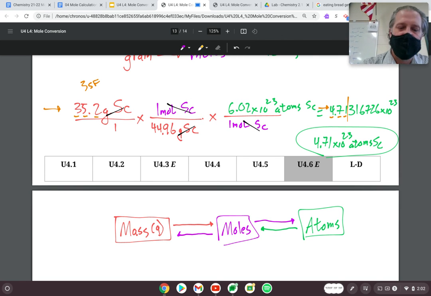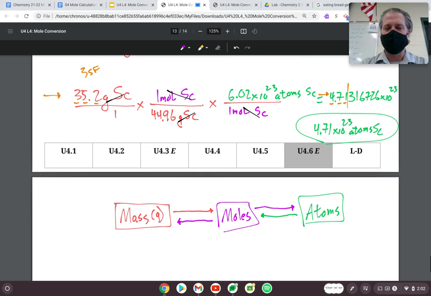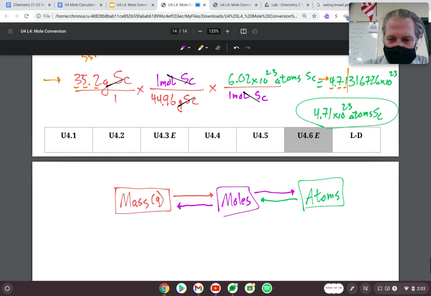And so the other thing that I like to do when I think about these things is that if I'm going from moles to atoms or atoms to moles, I need to remember that the relationship is 1 mole of anything is equal to 6.02 times 10 to the 23rd of those anythings, which in this case would be atoms.